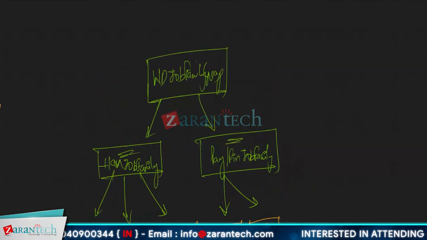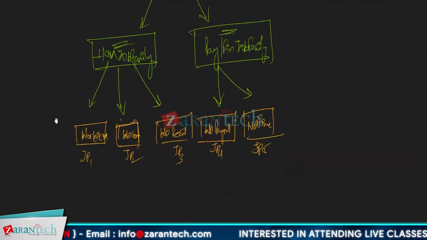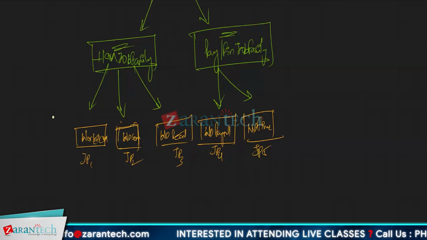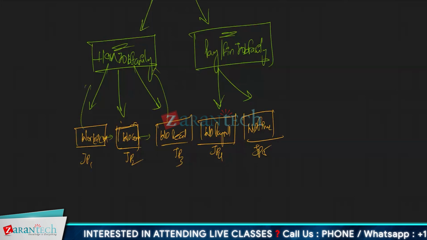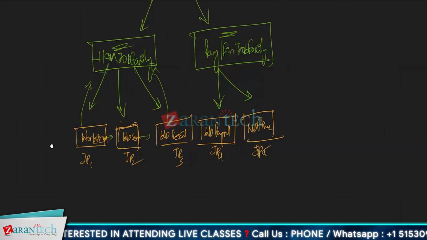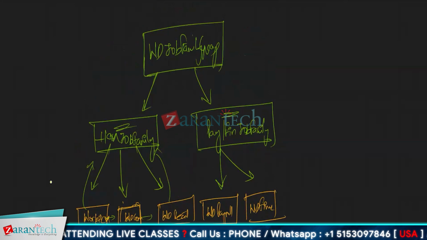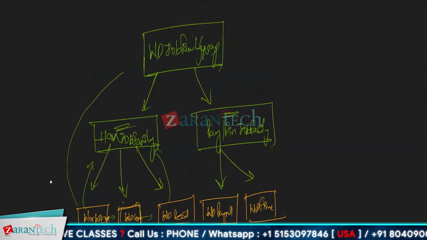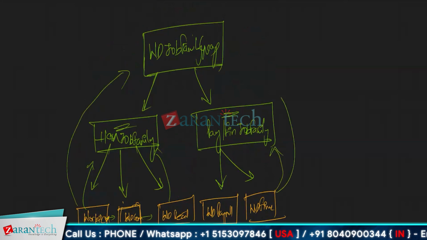All the job profiles that you create, you'll have to add to a job family. So I'll say these three job profiles are going to be assigned to HCM job family, and it will automatically say that the job family of this particular job profile is Workday HCM job family, and the job family group is Workday job family group. And similarly, this is going to happen here as well.